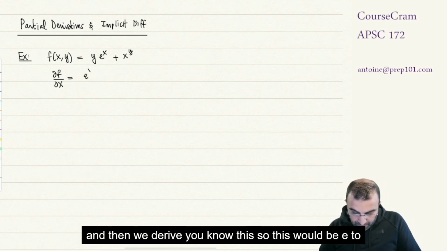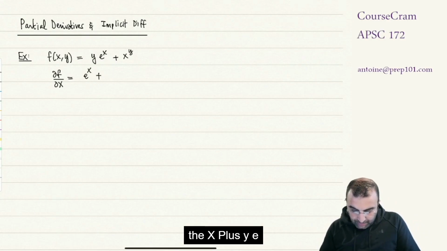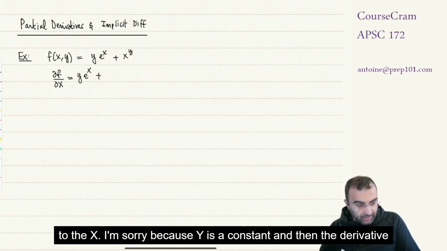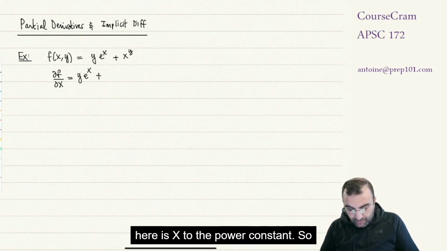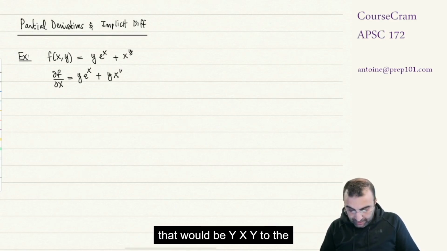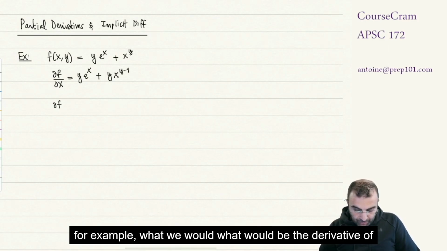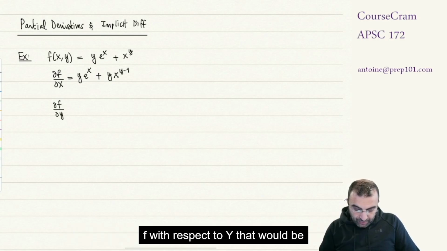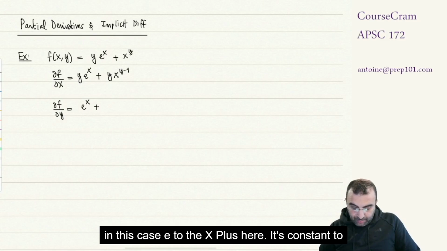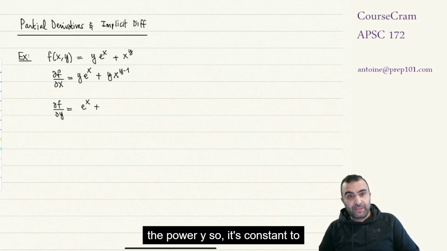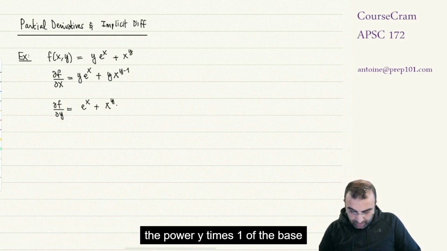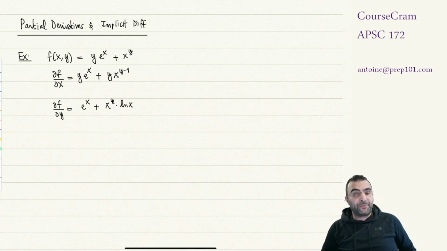So this would be y e^x, because y is a constant, and then the derivative here is x to the power of a constant, so that would be y x^(y−1). For example, what would be the derivative of f with respect to y? That would be, in this case, e^x plus, here it's a constant to the power y, so it's the constant to the power y times ln of the base times ln of x.